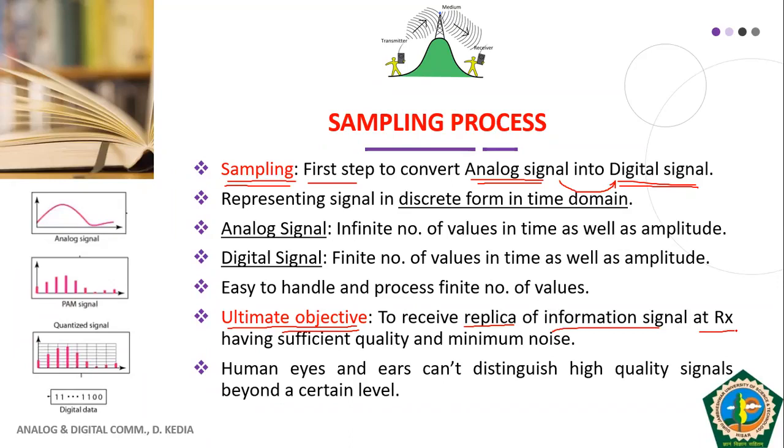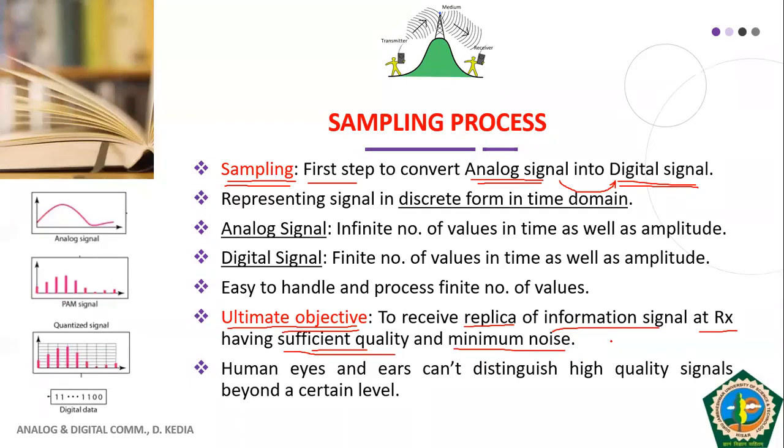So whatever original information signal we have transmitted from the transmitter, we need to have the exact replica of that information signal at the receiver side. And obviously, the information signal received should have sufficient quality with minimum noise. This is our ultimate objective.